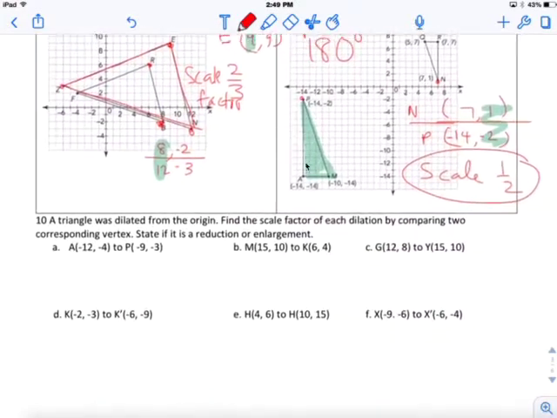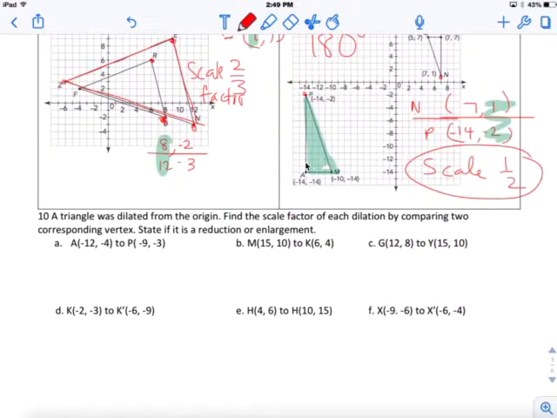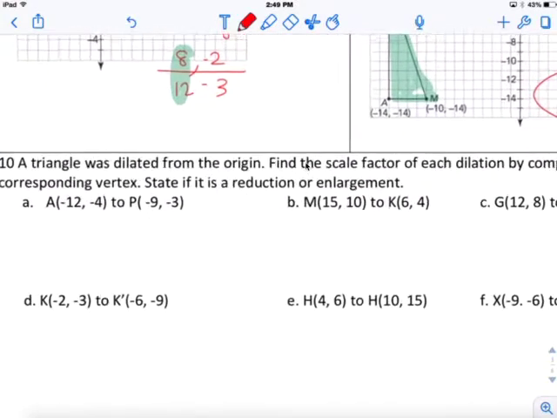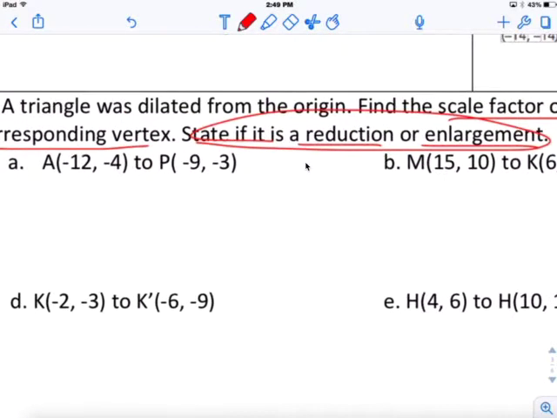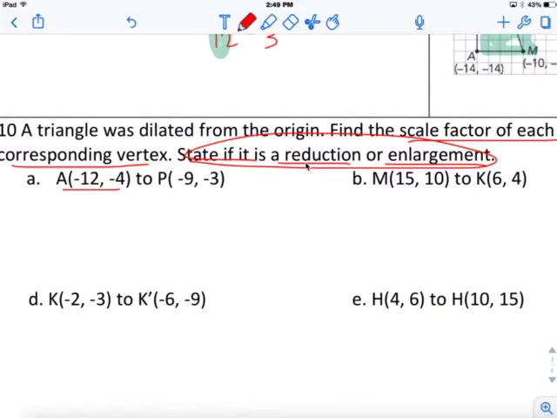Okay? So on your test, if they give you only coordinates, find the scale factor of each dilation by comparing the two corresponding vertices. State if it's a reduction or enlargement. Okay, the pre-image goes on bottom, A is on bottom, P is on top.